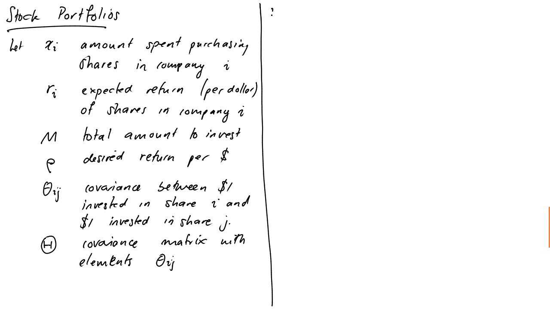What we want to do is not maximize our return, but achieve it with minimum risk. We're not being greedy and trying to get as much money as we can. We're trying to guarantee that we'll get our desired amount of return with minimum risk.